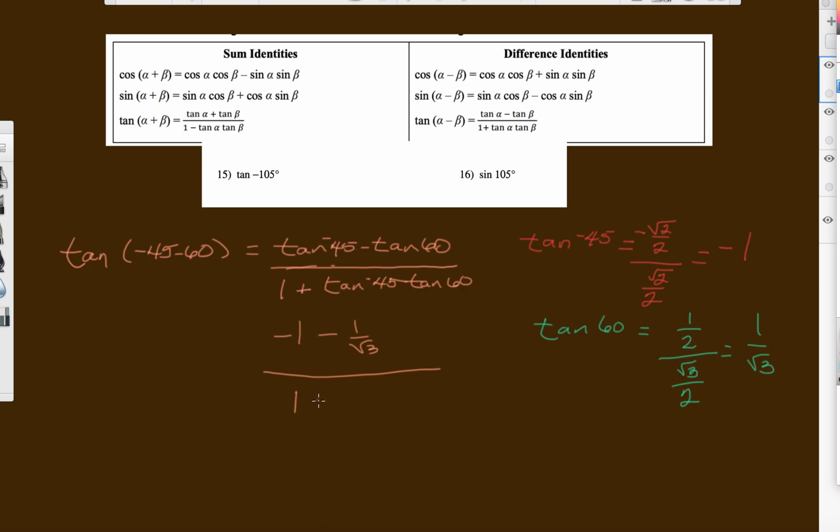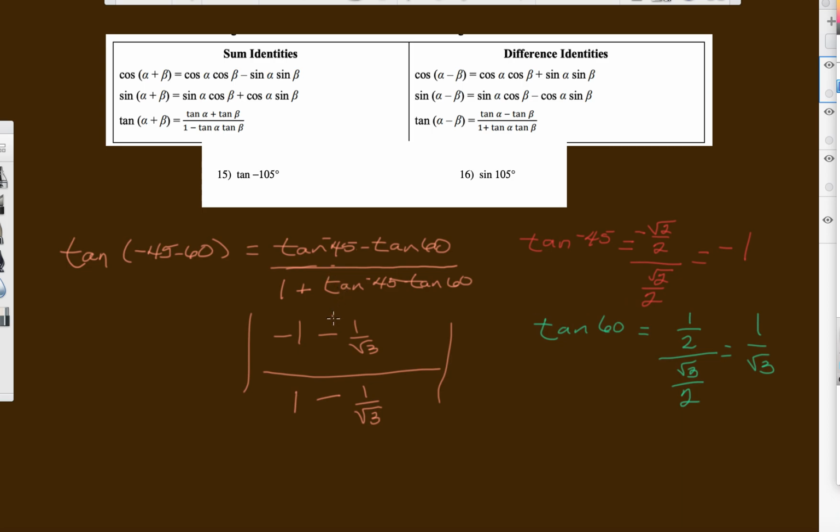And really, truly, it's minus 1 over root 3 again, because negative 1 times 1 over root 3 is still going to be negative 1 over root 3. So here we go. You could multiply by the conjugate to give you a final answer, but I'm okay with this for now. Let's get to this point, and we'll fix this later on.